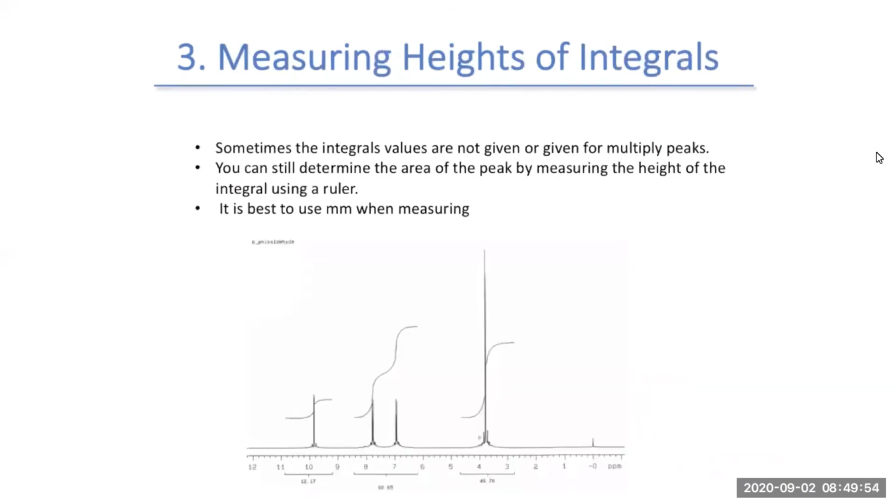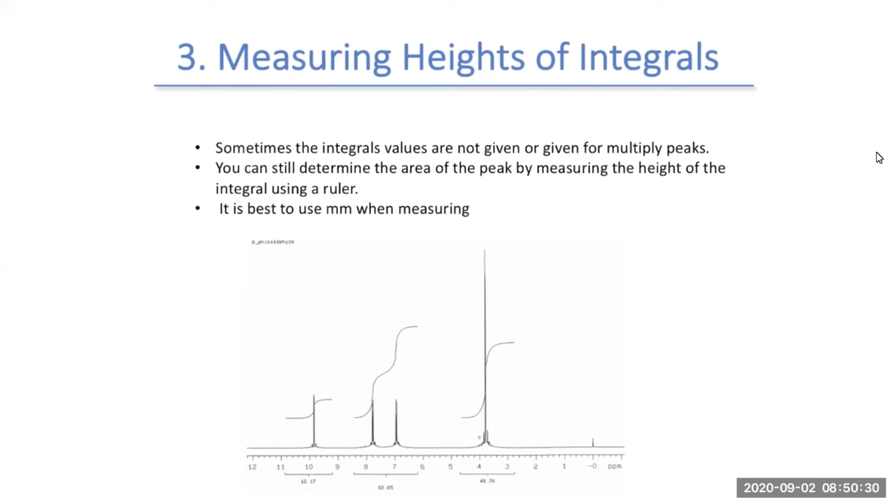So now let's look at what happens when we need to measure the heights of the integrations. Sometimes your integral values are not given, or given for multiple peaks. You can still determine the area of each peak by measuring the height of the integral instead of just looking at the area number at the bottom of the spectra. It's usually best to measure your heights in millimeters so you can be as accurate as possible.